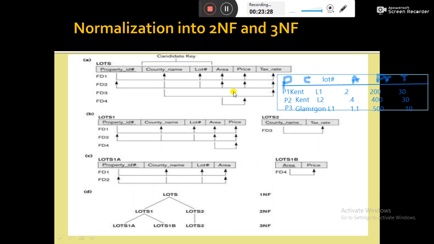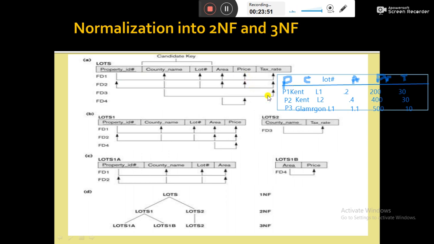Now we have to check whether the relation is in a particular normal form or not. If not, then we have to convert it. This relation is already in 1NF because no multi-valued attributes are there.